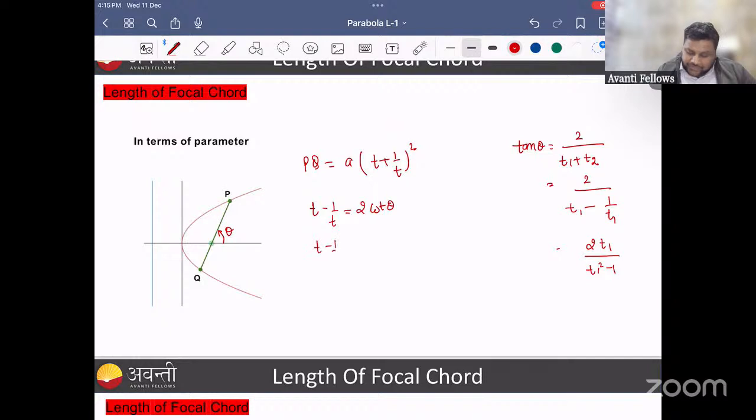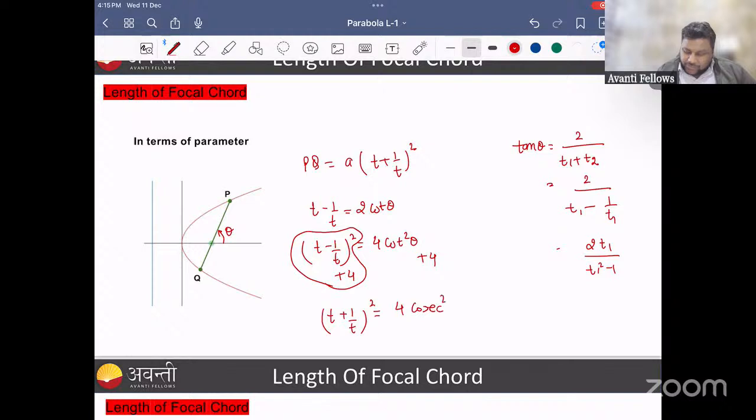So (t minus 1 by t) whole square is 4 cot square theta. Now add 4 to both sides. The moment you add 4 to both sides, this becomes (t plus 1 by t) whole square, which is 4 cosec square theta.